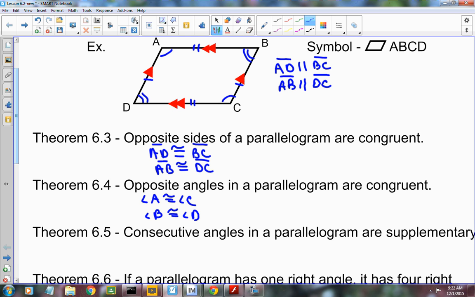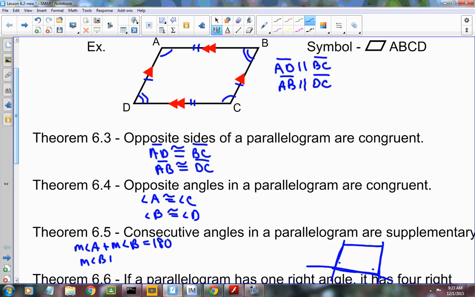Consecutive angles in the parallelogram are supplementary. You notice that in a parallelogram, you have parallel lines cut by a transversal, right? So these consecutive angles are supplementary, and that's true all the way around. So you could say that the measure of angle A plus the measure of angle B equals 180.